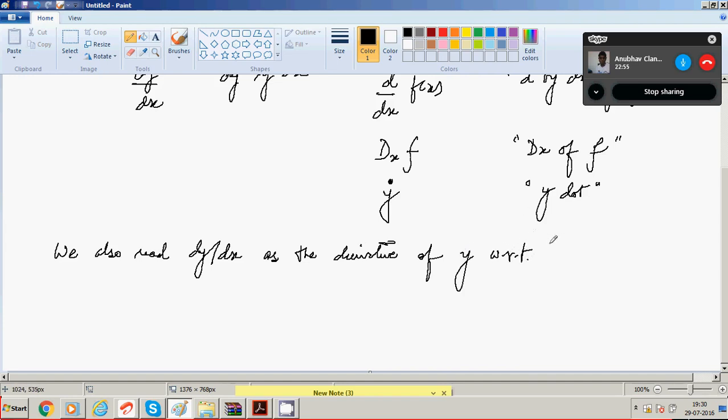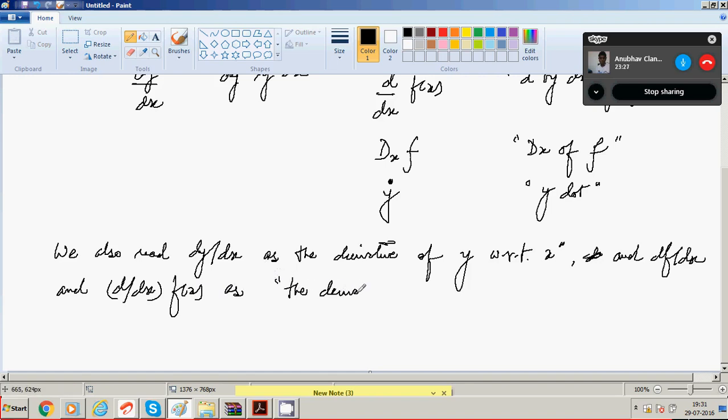WRT means with respect to. x is the independent variable, y depends on x, and df by dx and d by dx of f of x as the derivative of f with respect to x. Okay, did you take notes? Yes.